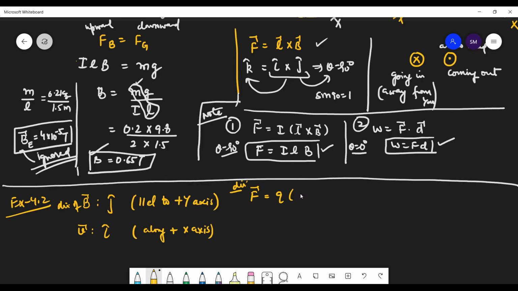So F is equal to Q V cross B. So you have two cases. Case one involves electron, and case two involves proton.